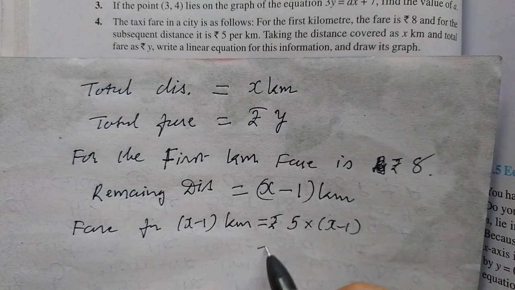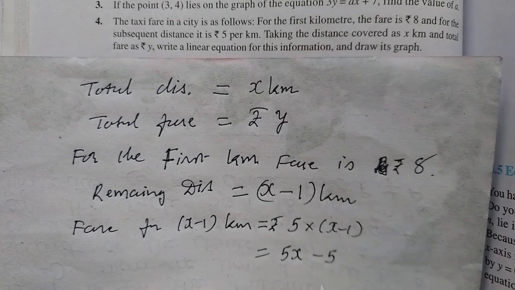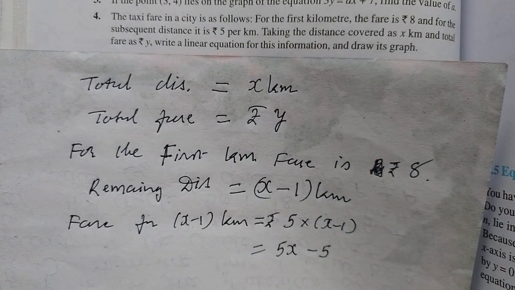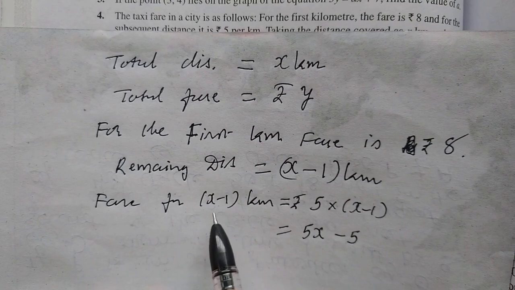Okay. So now simplify it, 5x minus 5, children. So now, children, this is the fare for x minus 1 kilometer.